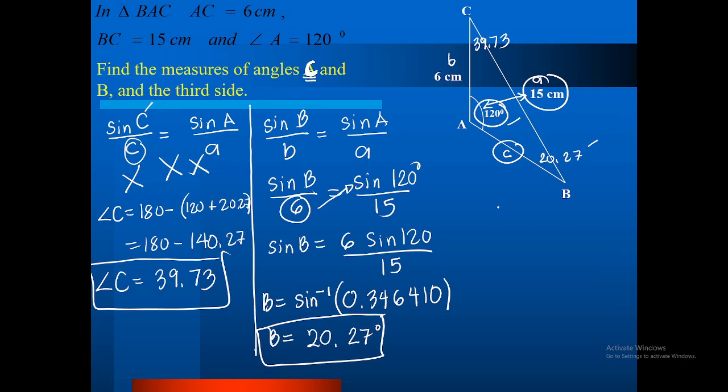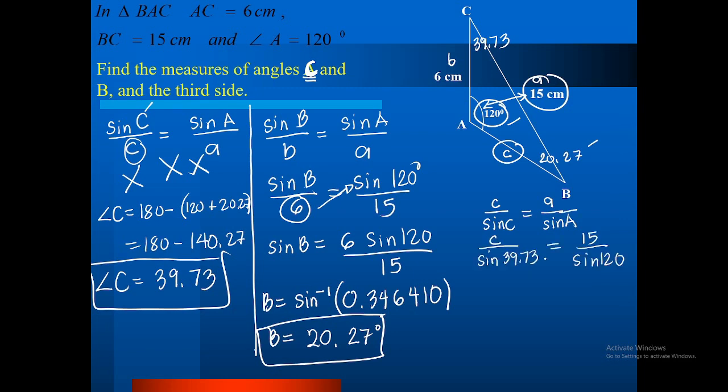C. So, using sine law again, c over sine C is equal to, again, I'll be using a over sine A. So, let's solve this one. c over sine of our solved C, 39.73. That's equal to a, that's 15 over sine 120.